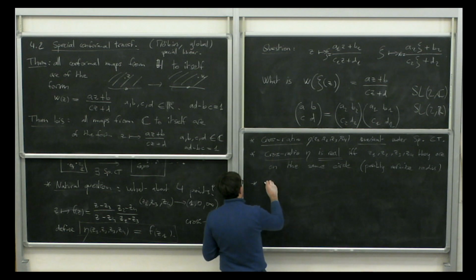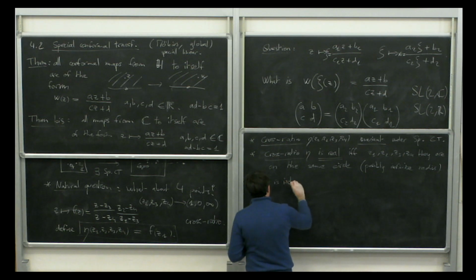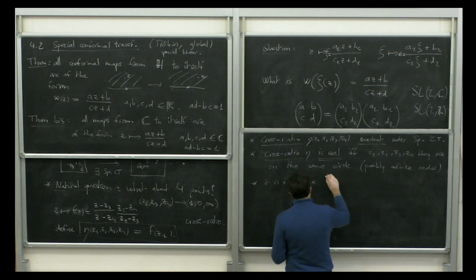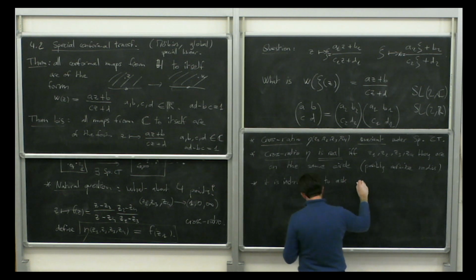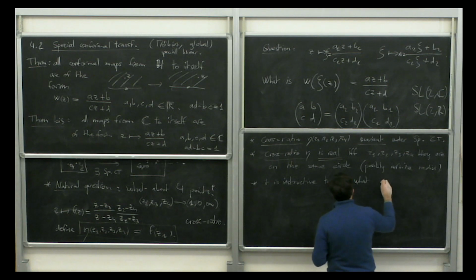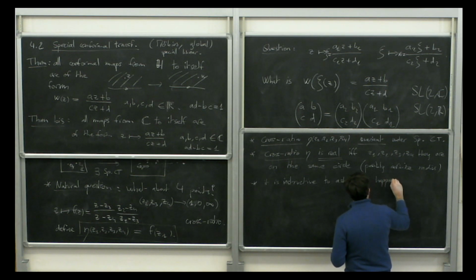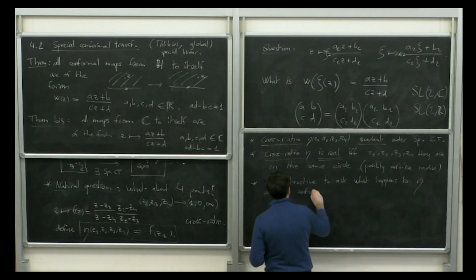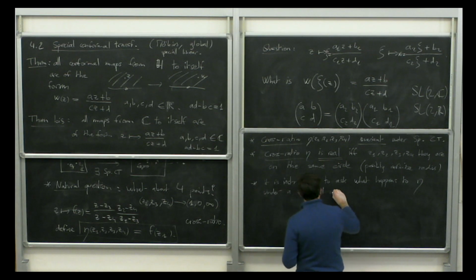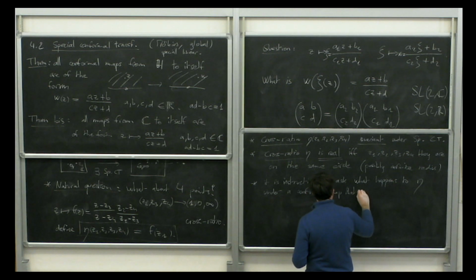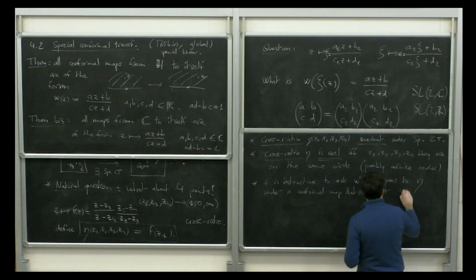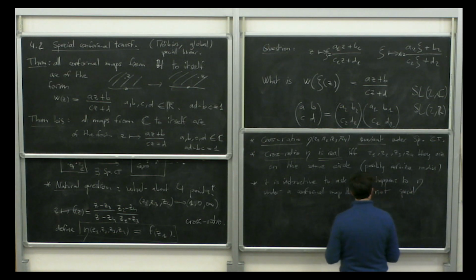But it is instructive, and it will be particularly important for the next lectures, to ask what happens to the cross ratio eta under a conformal map that is not a global transformation. Under a conformal map that is not special or global, or Möbius.